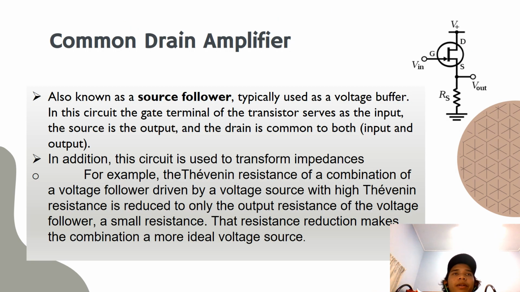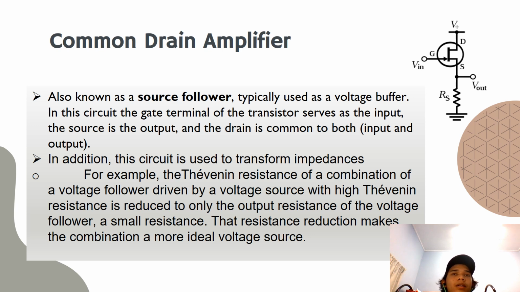Common drain amplifier, also known as source follower, typically used as a voltage buffer. In this circuit, the gate terminal of transistor serves as the input, the source is the output, and the drain is common to both input and output. In addition, this circuit is used to transform impedance.